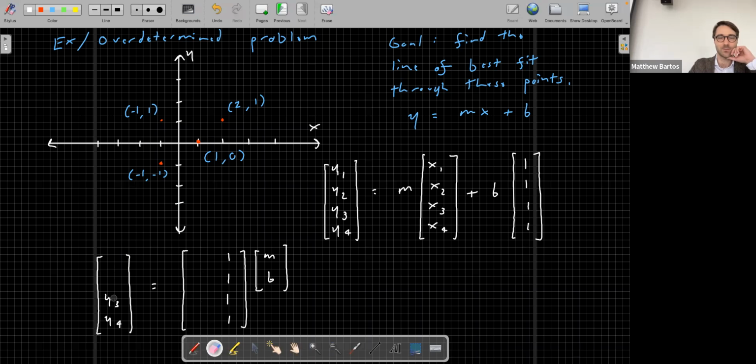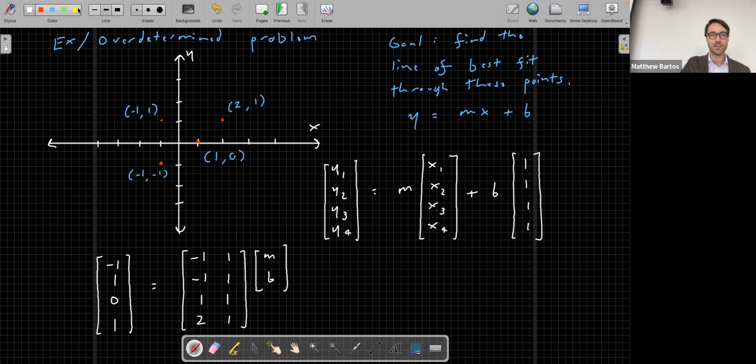Let's fill in the coordinates for y as well. Okay, so just starting from this point here, we have that x is -1, y is -1. We have that x is -1, y is 1. We have that x is 1, y is 0. And we have that x is 2, y is 1.